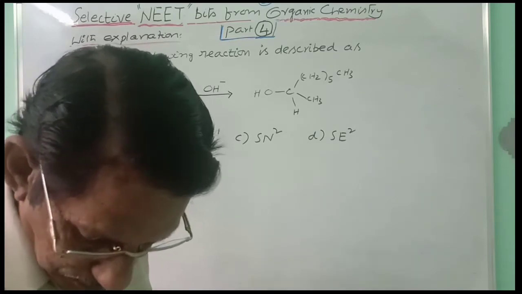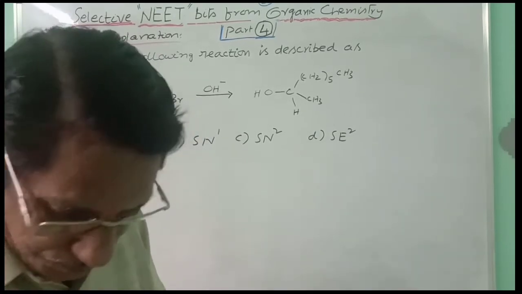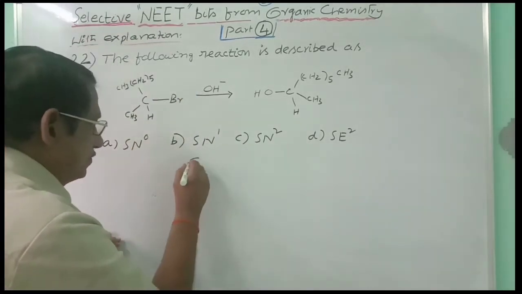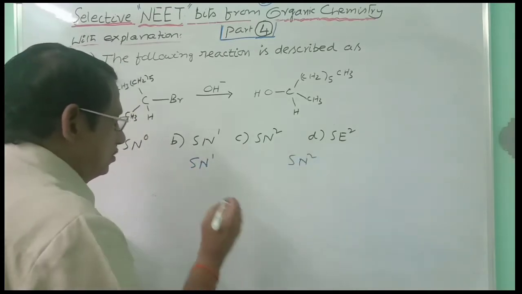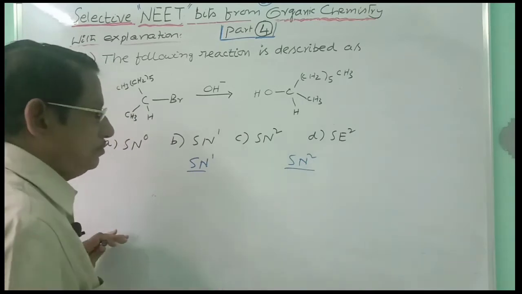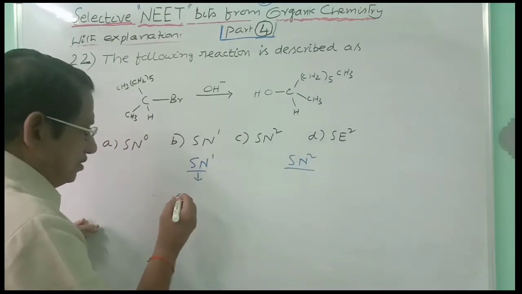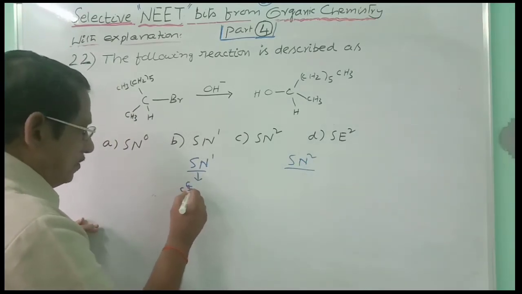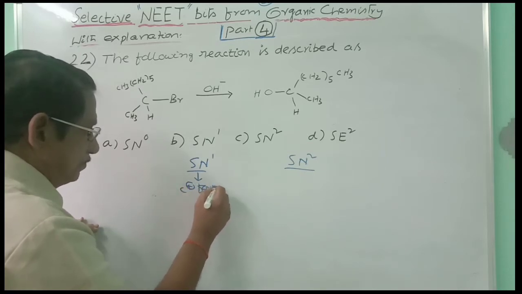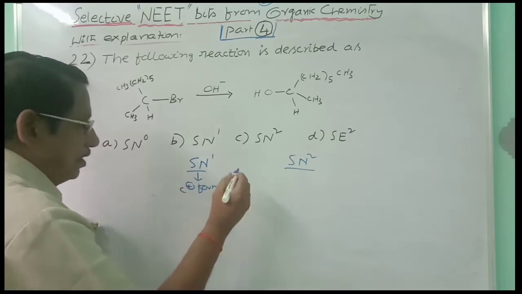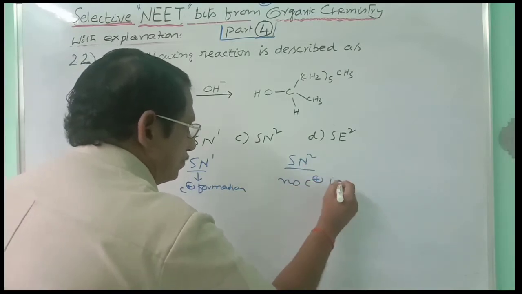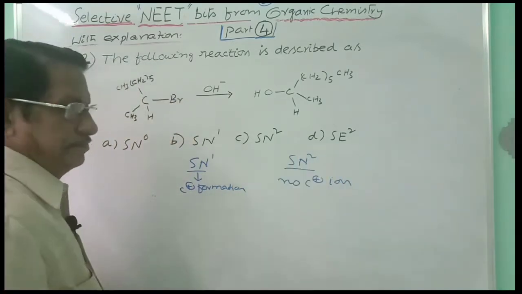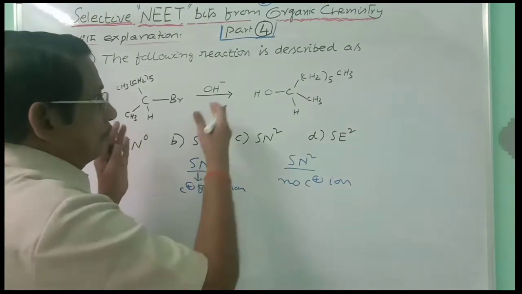You know pretty well that if you compare the SN1 reaction and the SN2 reaction, in the SN1 reaction, carbocation formation takes place. Here, there is no carbocation formation in the mechanism, and that we cannot observe here.